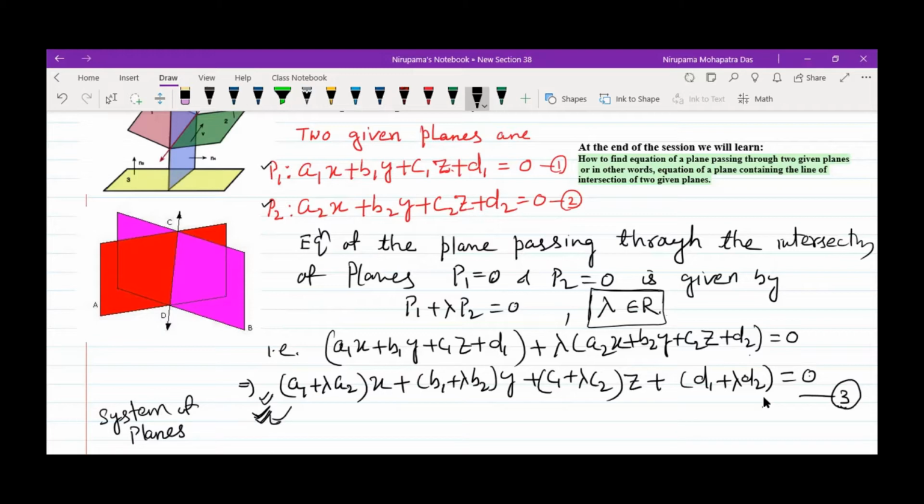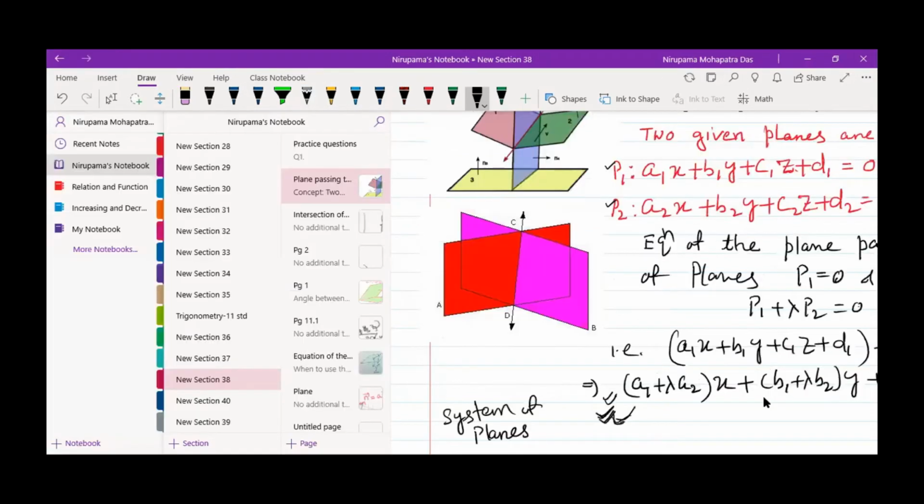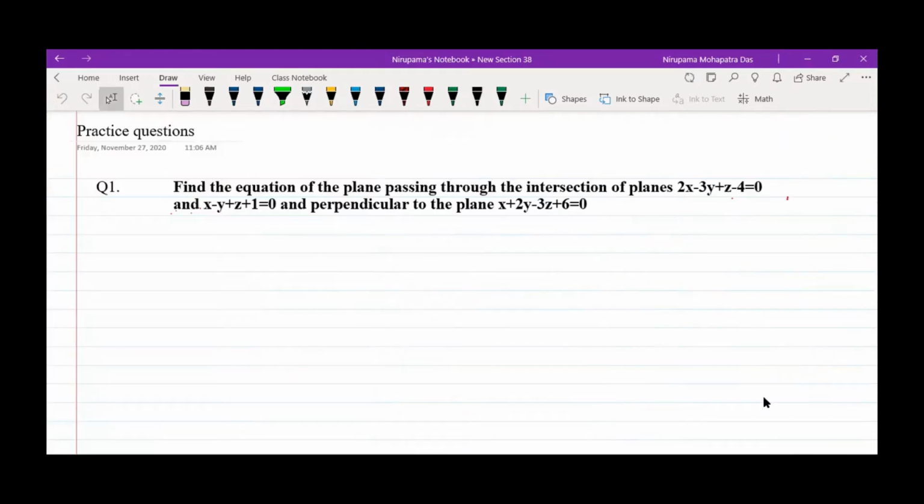After this, depending upon the condition, we will be directed towards that condition to get the required plane. Let me show you two or three questions which will really help you apply this concept.